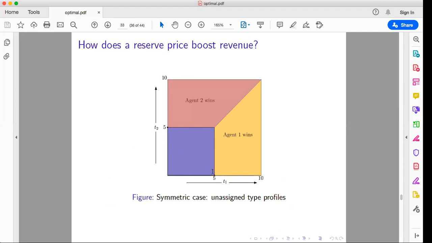So in this blue region, the object is not allocated. In the yellow region, agent 1's value is higher, so agent 1 wins. In the pink region, agent 2 has a higher value, so she wins.